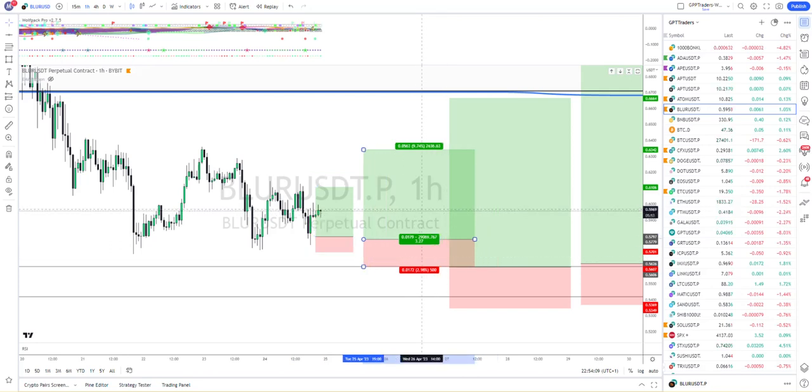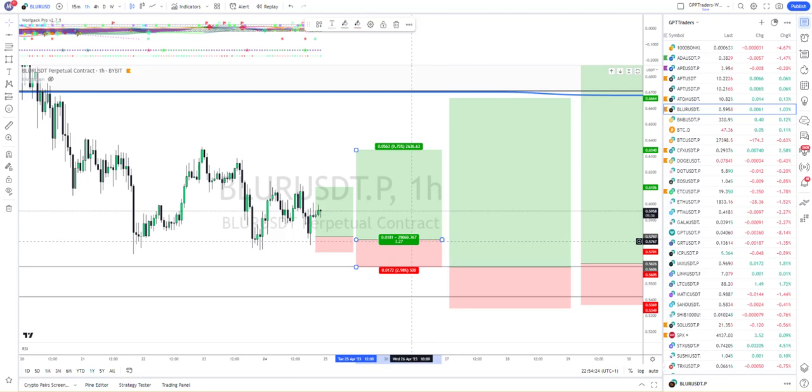The higher you go up from a time frame perspective, the more structure the price action gives an indication of its strength. So yeah, that's the buy setup on Blur USDT.